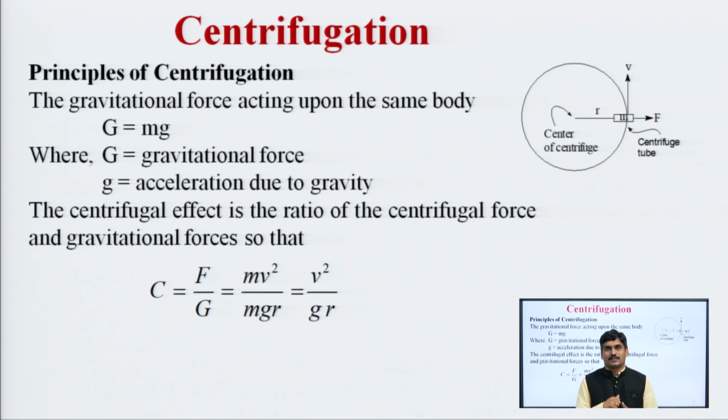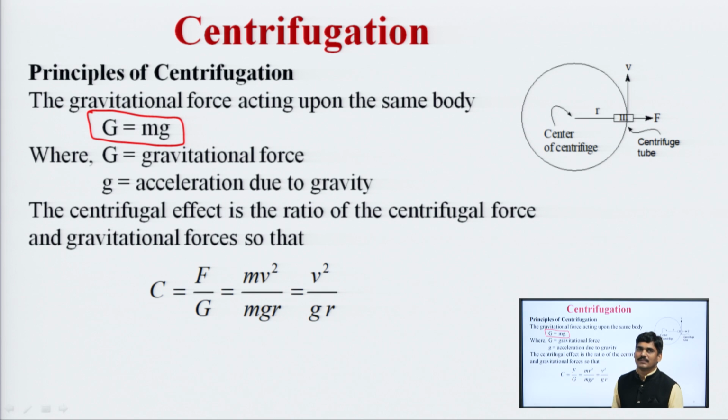Now, the gravitational force is also acting upon the same body. Centrifugal force is acting as well as gravitational force on the same body. So, G is equal to small m into small g, where capital G is known as gravitational force and small g is known as acceleration due to gravity.